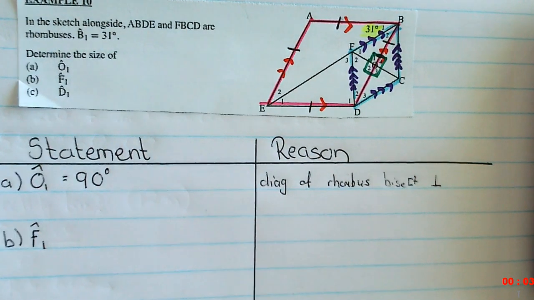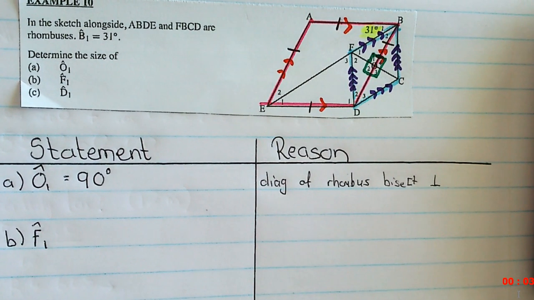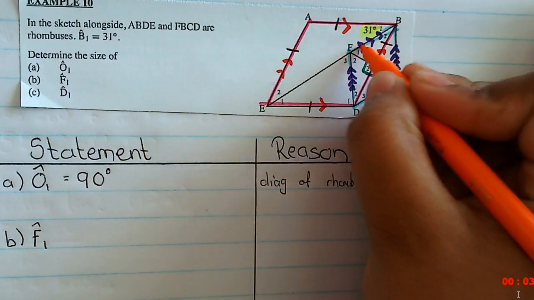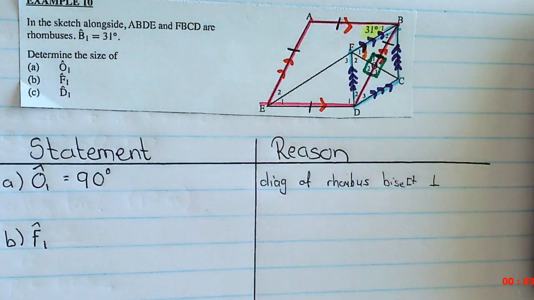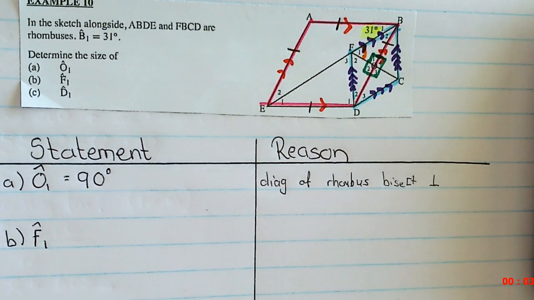Then they ask us for the size of angle F1. Now F1 is over here. I'm just trying to decide what color I want it to be. F1 is this one. Now it looks a little crazy as it is, I would admit that. But F1 is part of the rhombus. Yes? But F1 is also part of that small triangle.